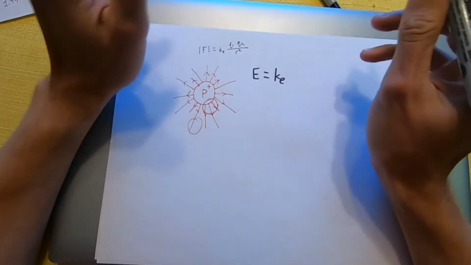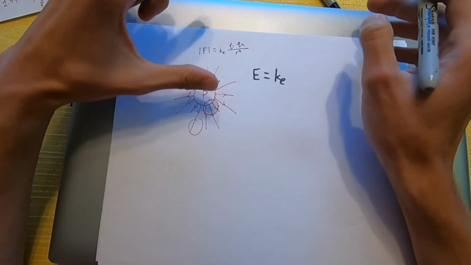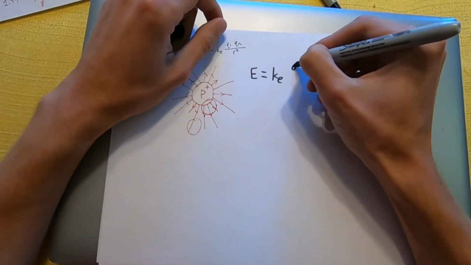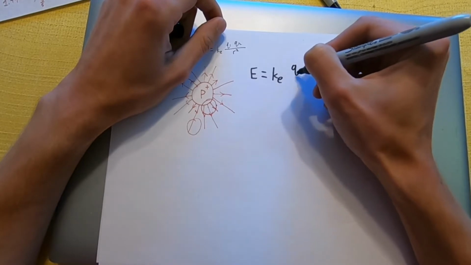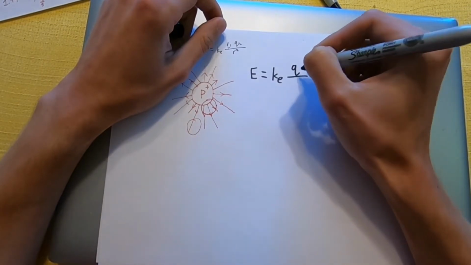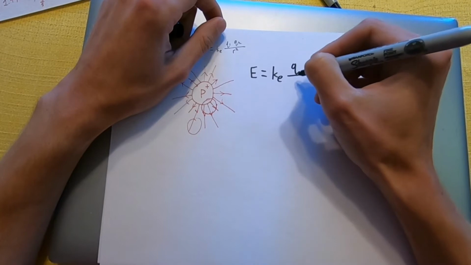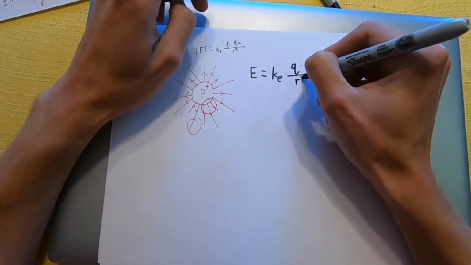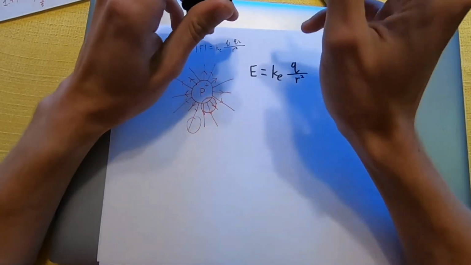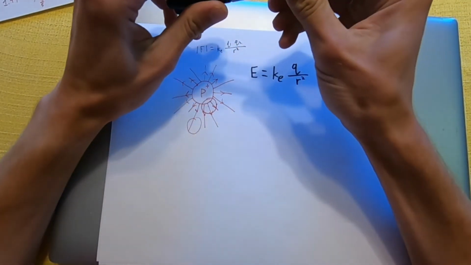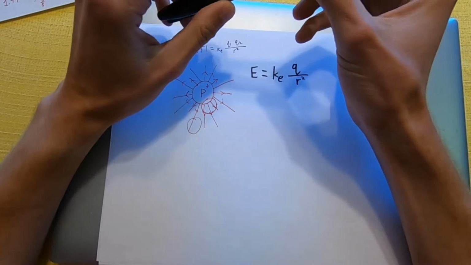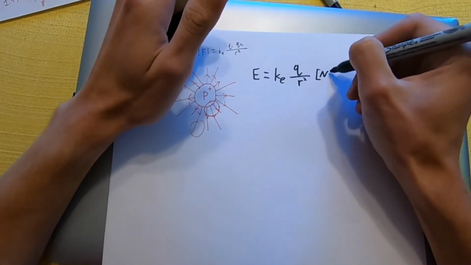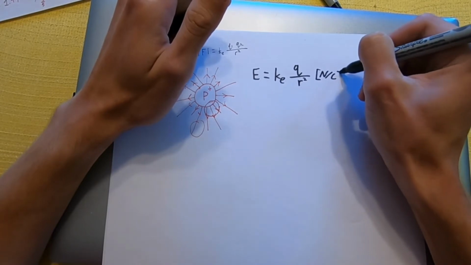But instead of 2 charges, we're just talking about one charge here. So it's just going to be equal to Q, the amount of charge, divided by R squared, sorry. And that's going to be in newtons per Coulomb.